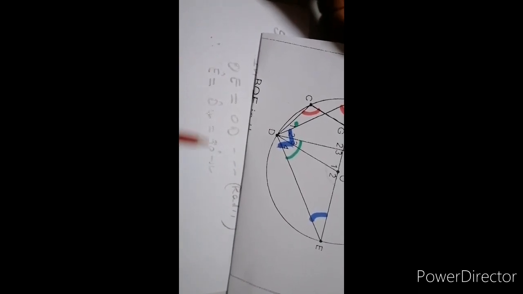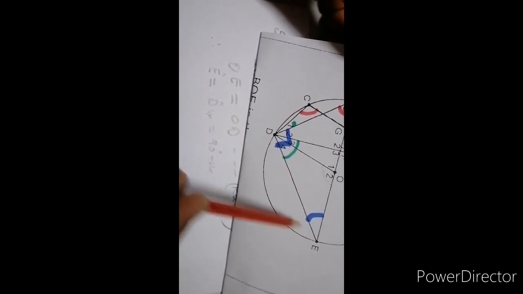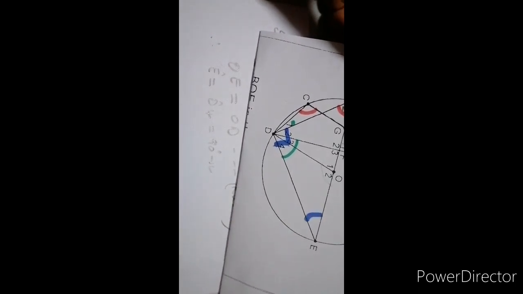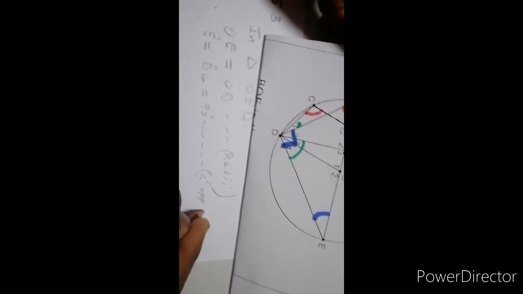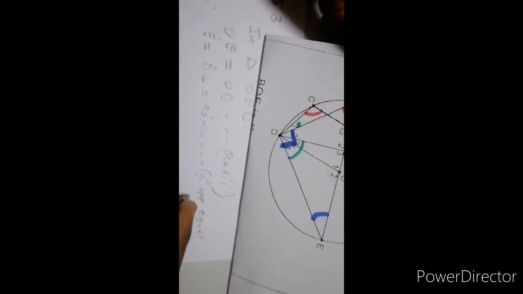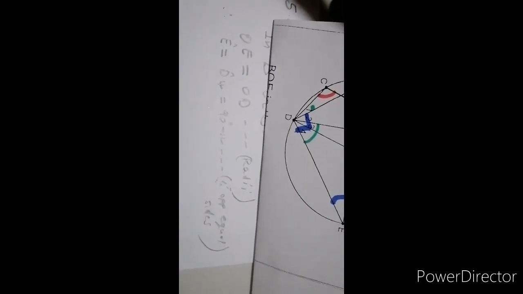Each one will be equal to 90 minus x, because we already said E is equal to 90 minus x. We found this in terms of x in the previous question. What is the reason that those angles are equal? Angles opposite equal sides in a triangle are equal.